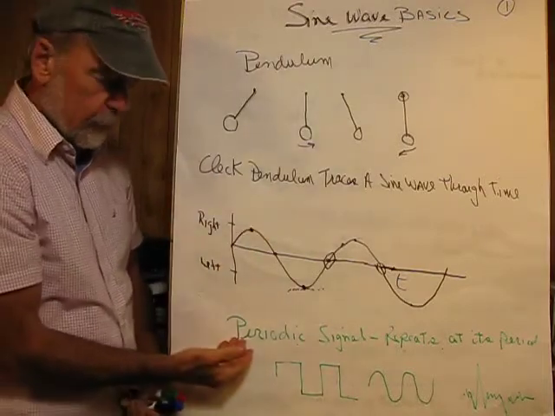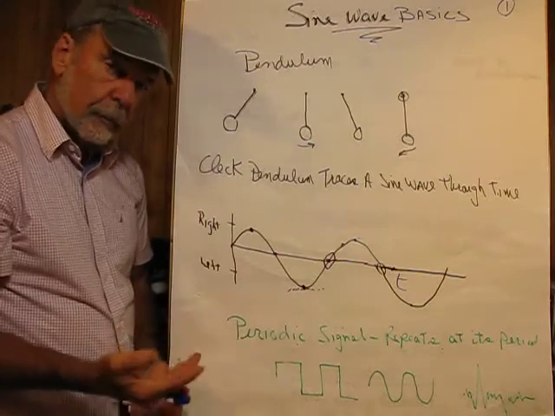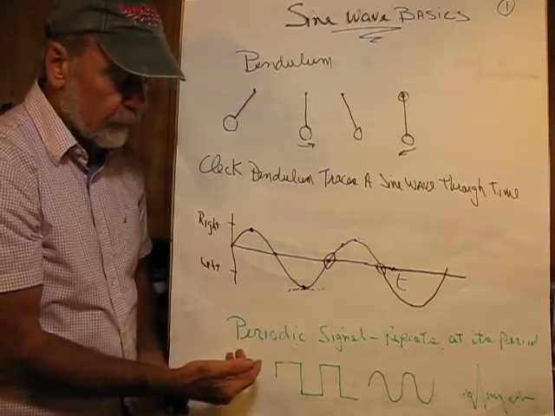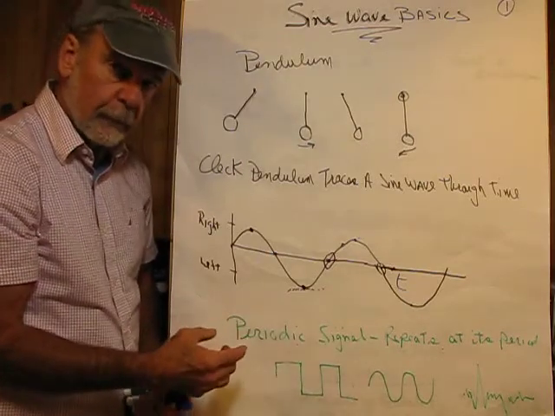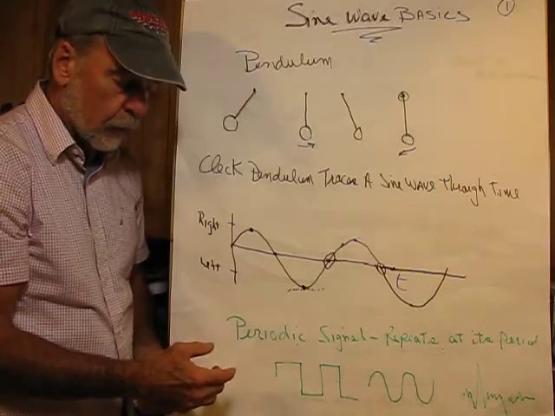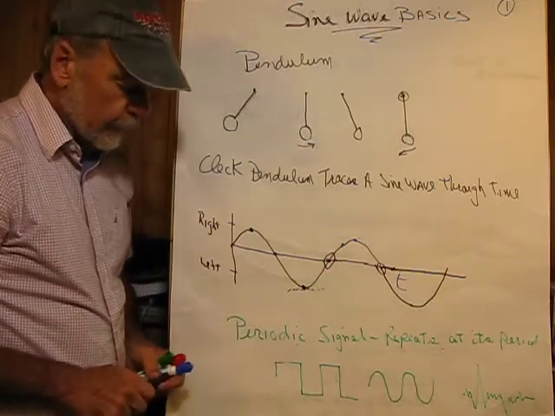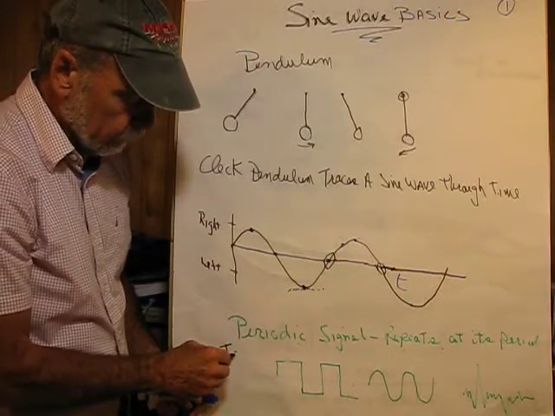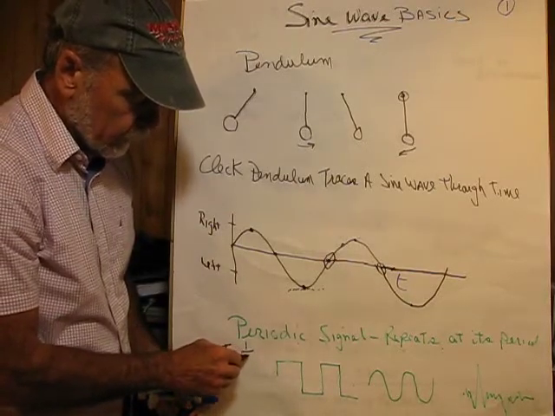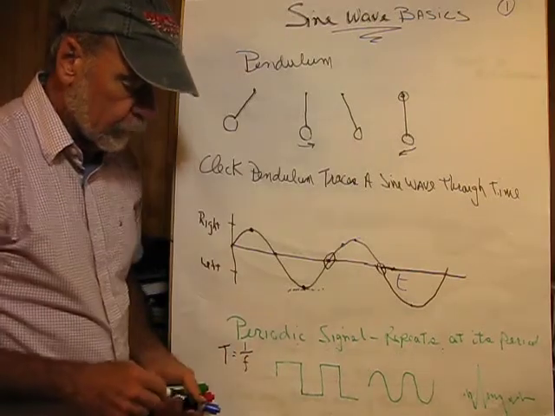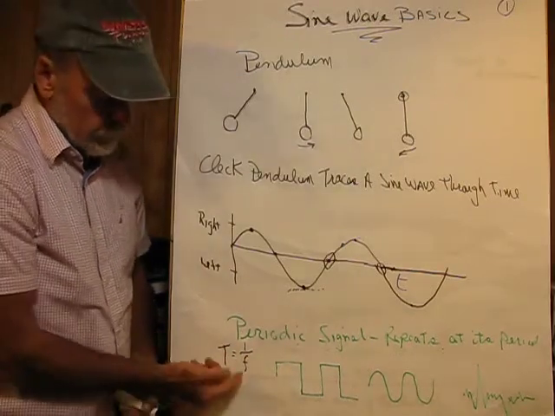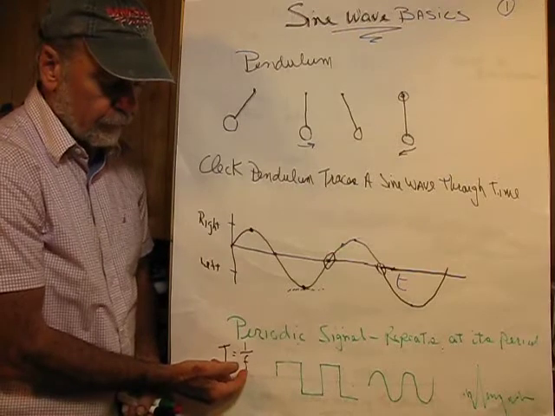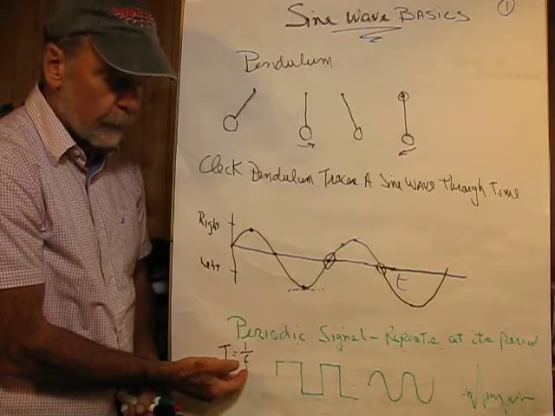Now, we're also going to be talking about periodic signals, and what periodic means is they repeat themselves every certain time period, and that certain time period is called the period. The equation for that is T, and this is a capital T, equals 1 divided by the frequency. So it's a direct relationship. As you can see, if we solve for f, it's going to be equal to 1 over the period.